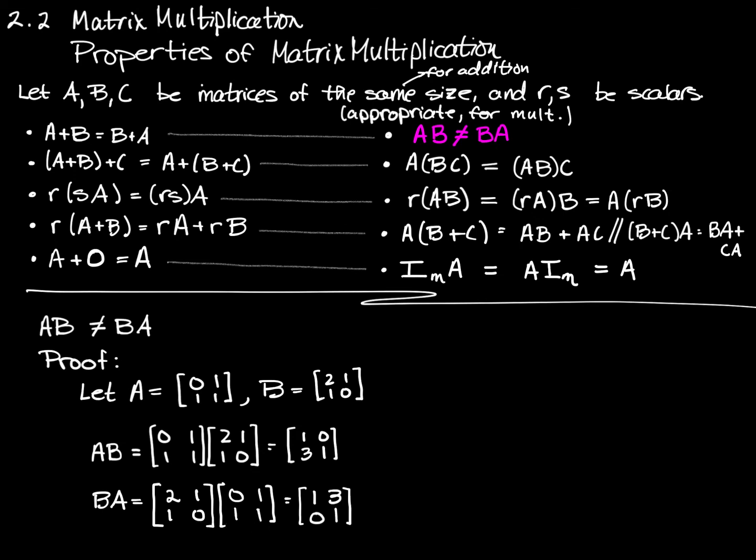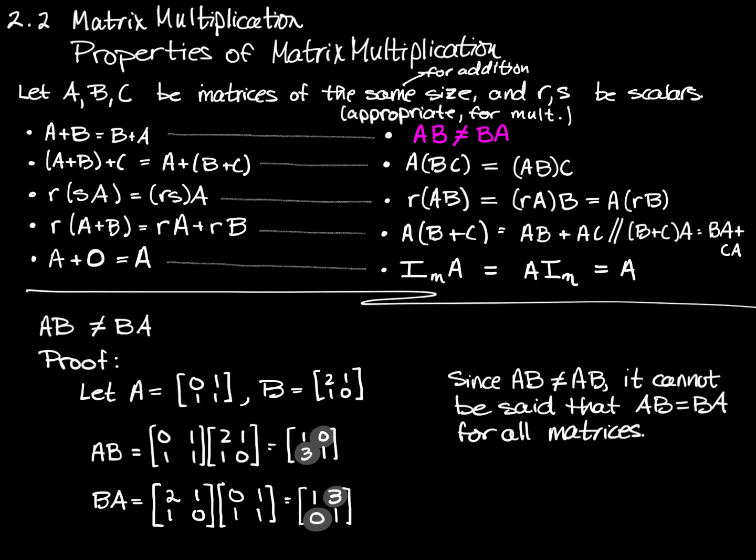Now they're very similar. They have all the same numbers. And in fact, the only real difference is the order in which the 3 and the 0 appear in the two matrices. But that's enough to call them different. So I'm going to say that since AB is not equal to BA, it's not true that AB equals BA for all matrices.